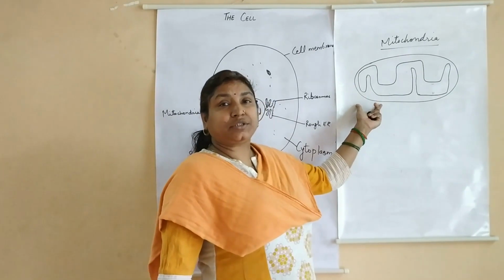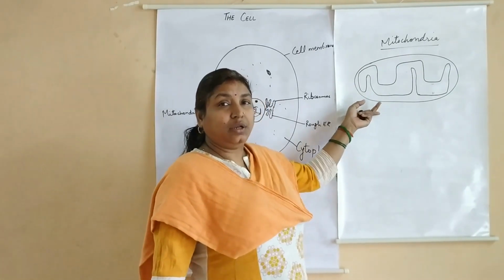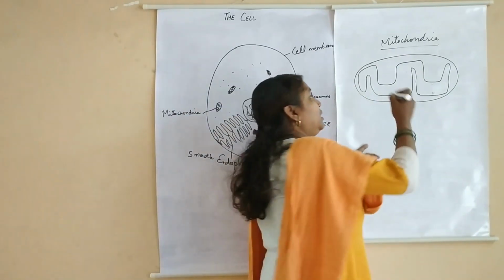Mitochondria is a rod-like structure made up of a double membrane called the outer membrane and inner membrane.